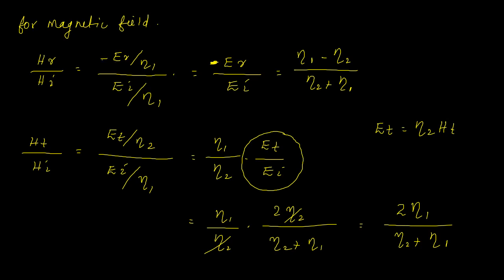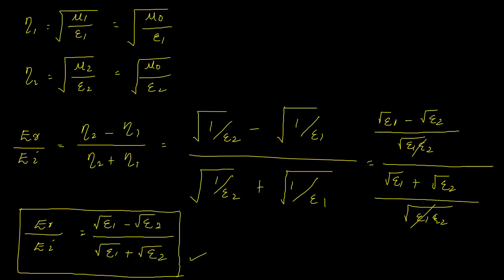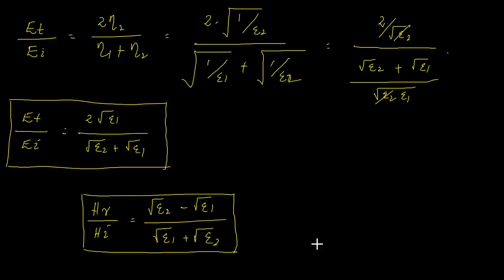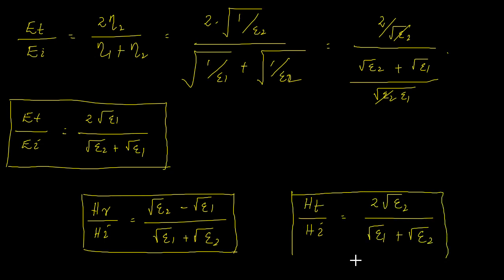The same minus sign we have seen here. Similarly, the transmission coefficient of the magnetic field is also identical, except the numerator term is eta 1 there, but it is eta 2 here.